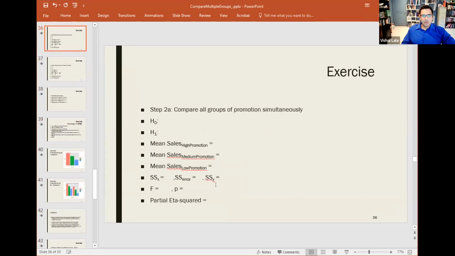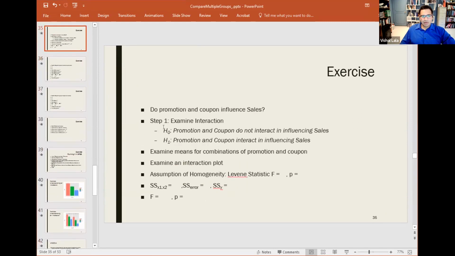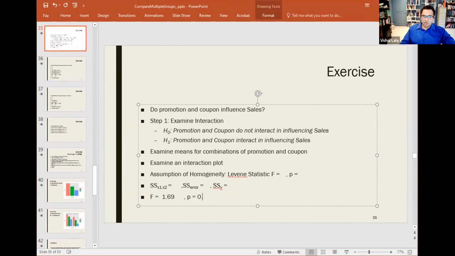Right, so we went through this test, looking at the interaction effect, and concluded the F statistic was kind of small, 1.69, and p was about 0.246. And that led us to basically say that the interaction is not significant.